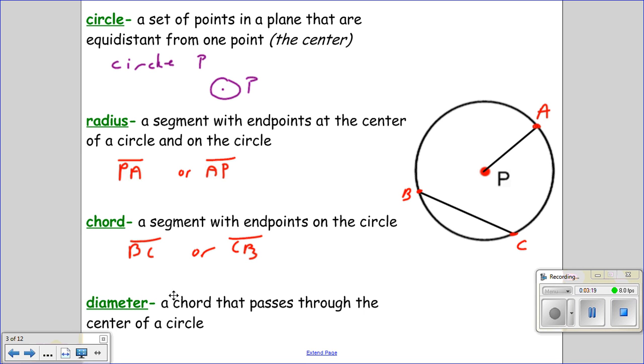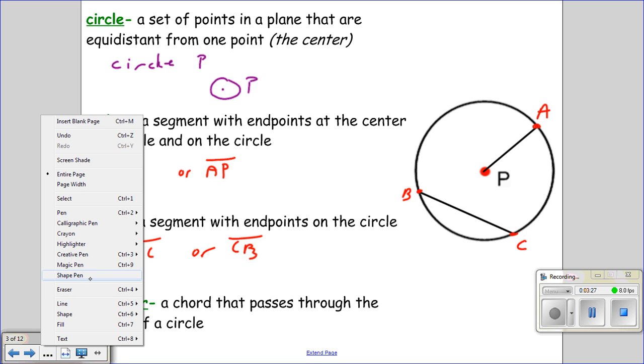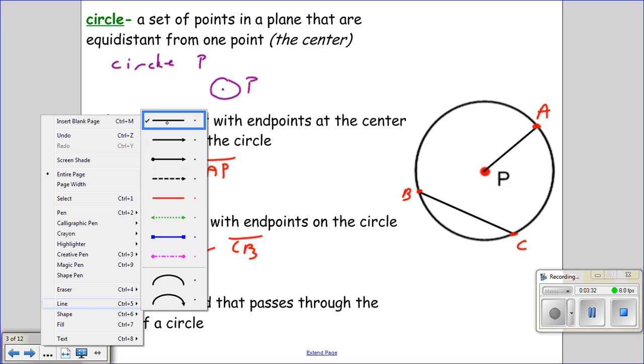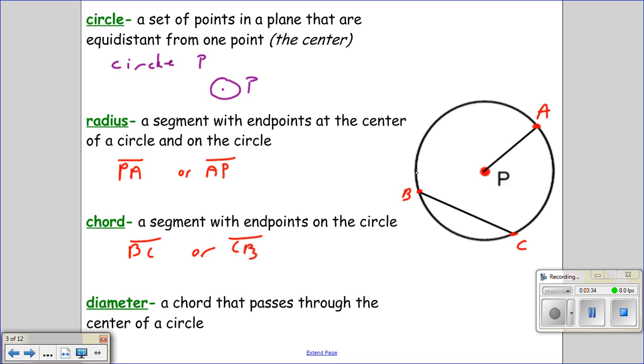A diameter is a chord that passes through the center. So the diameter must go through the center. It has no choice. And it touches each edge of the circle. So again, it has to go through the center and touch each edge.